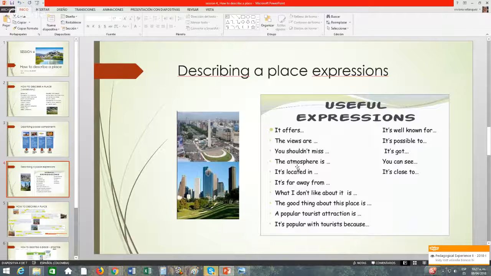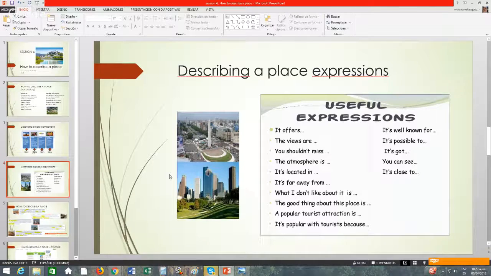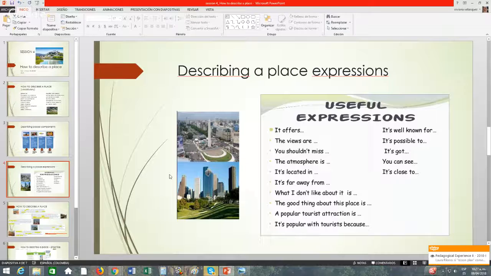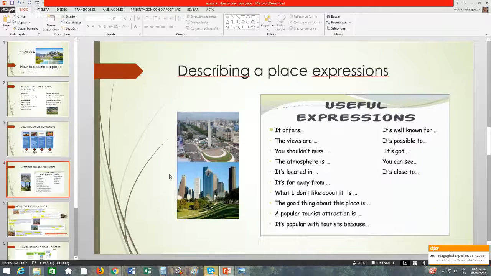Another one, the atmosphere, is when you refer to the general aspect of the place, including people, including weather, including locations. So you can say, there is a mystical atmosphere in the place, or it is an ancient atmosphere. Another one, "it's located in," which refers, of course, to the physical aspect. It is located in the downtown.